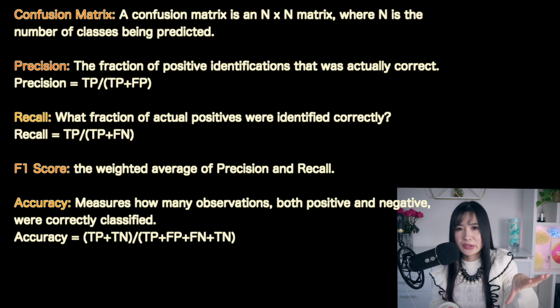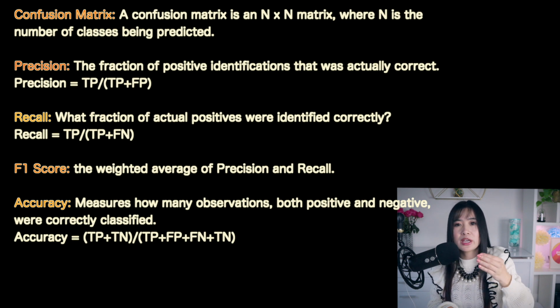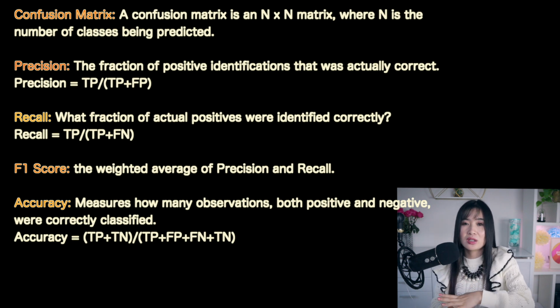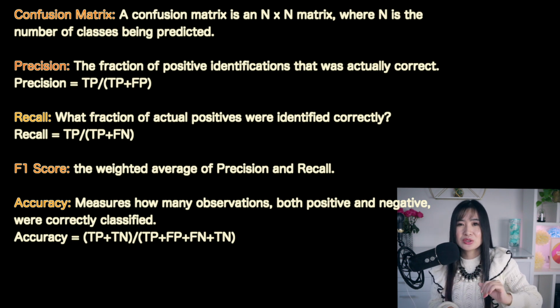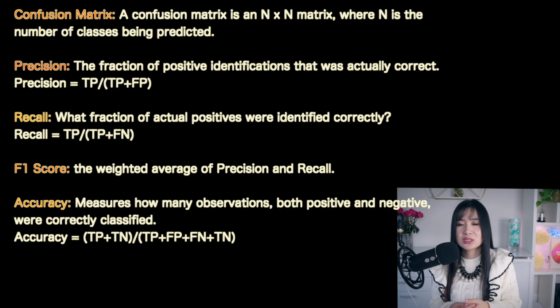I'm going to spare you and myself by not going over each metric here. Just remember that precision, recall, F1 score, and accuracy are all just different ways to evaluate how accurate the modeling results are. Usually, accuracy is super straightforward, but F1 score can be just as useful, if not more useful than accuracy, since F1 score takes into account the different scenarios.